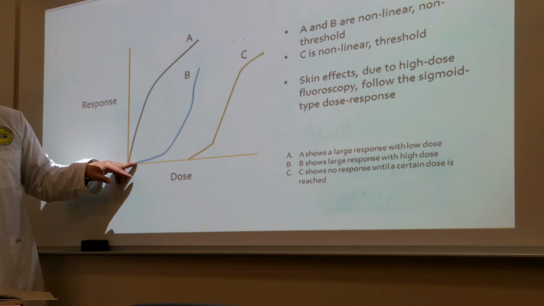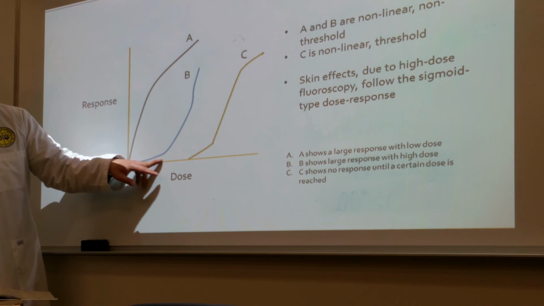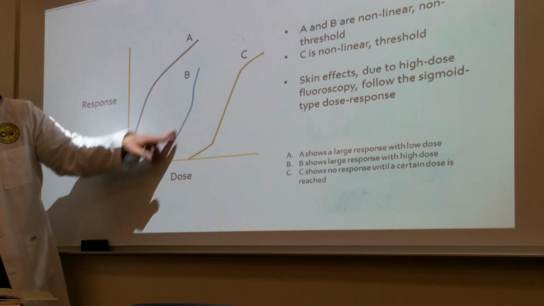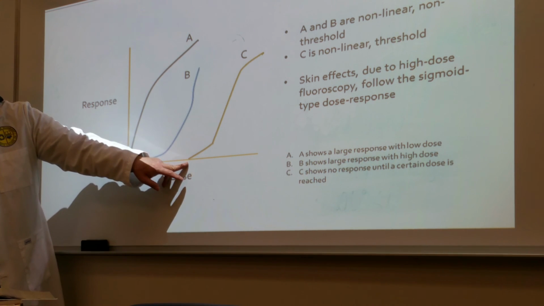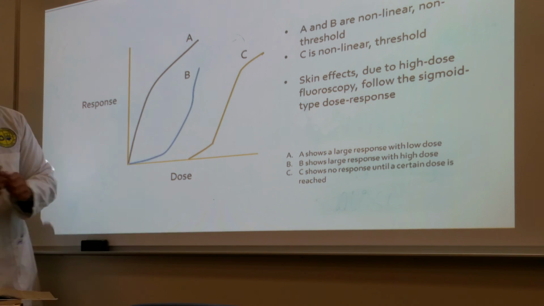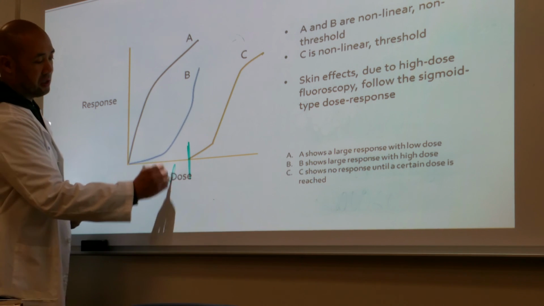It starts to respond with a little dose, just a little bit as you increase the dose, but it's not until here that it is more sensitive. And then here you've got non-linear threshold, but it doesn't occur until you hit a certain dose. As long as you stay within that dose, it's considered safe.